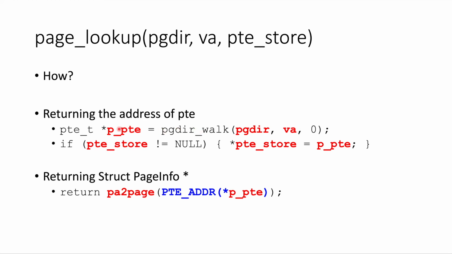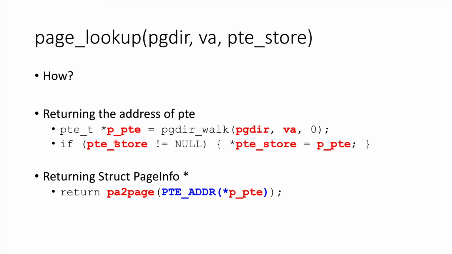And then if the PTE store is not null, then it will store the returned page table entry address to the PTE store. This is how you can return the address of the page table entry using the PTE store variable. And you also need to return the struct page info, and you can get the address of the struct page info from the physical address.